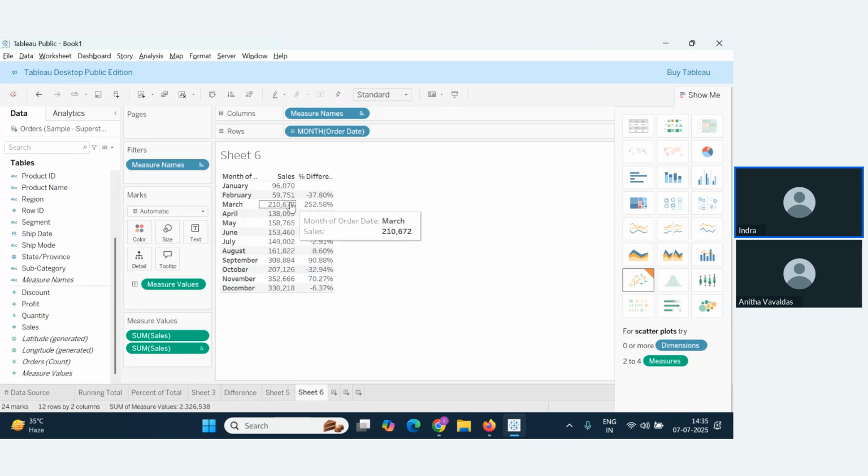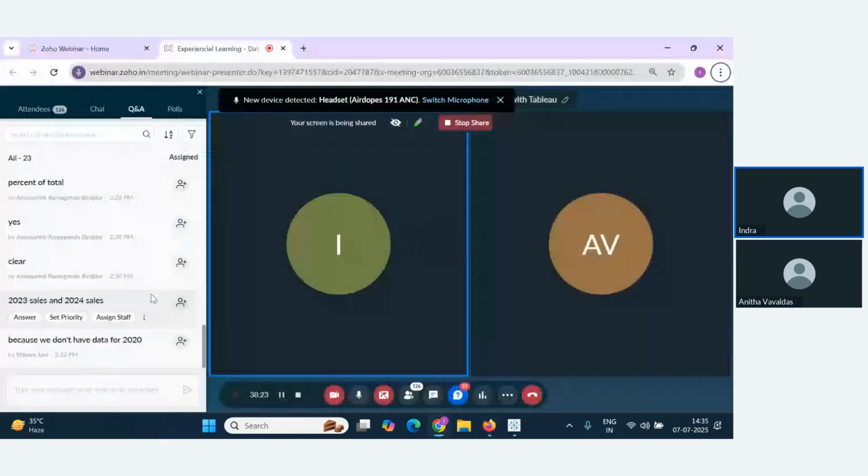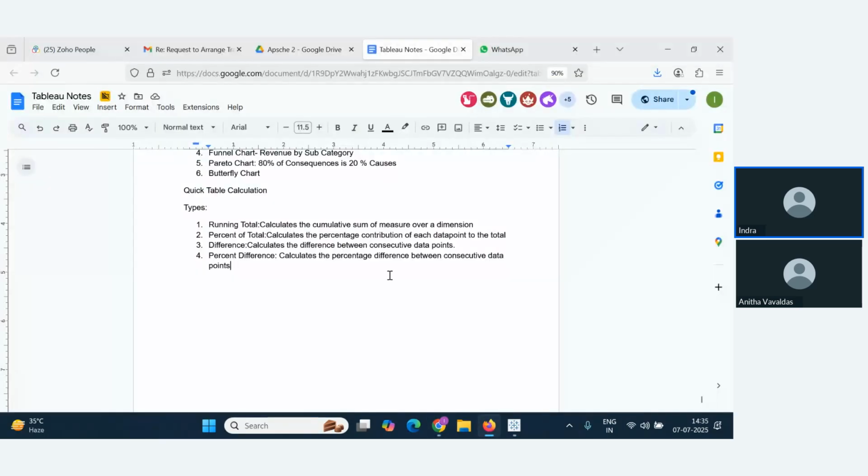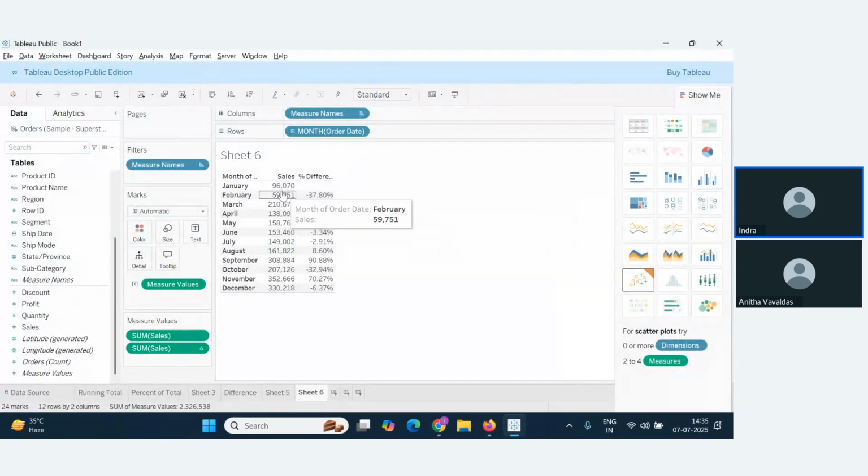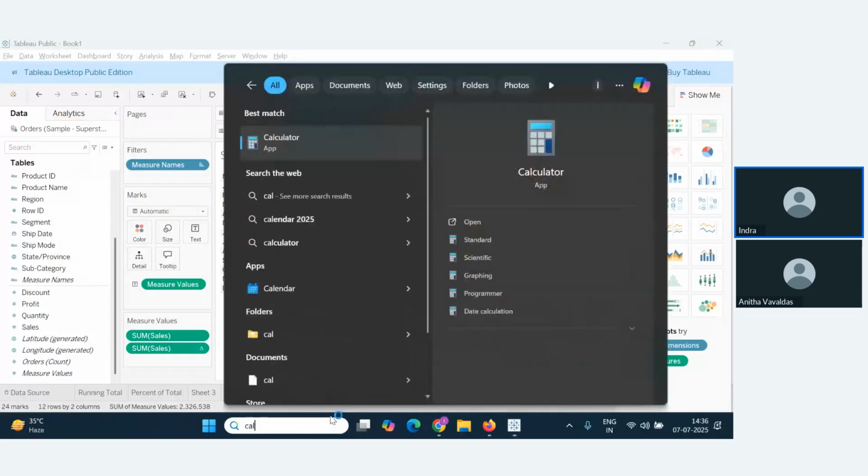So this is the sales value and this is the percentage difference. You take the difference of it and divide by the base value, and you'll get this value. Let me see how to calculate it.